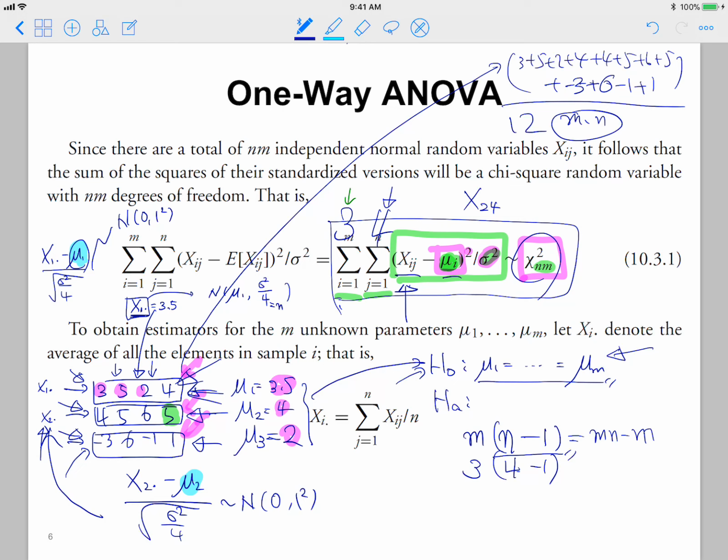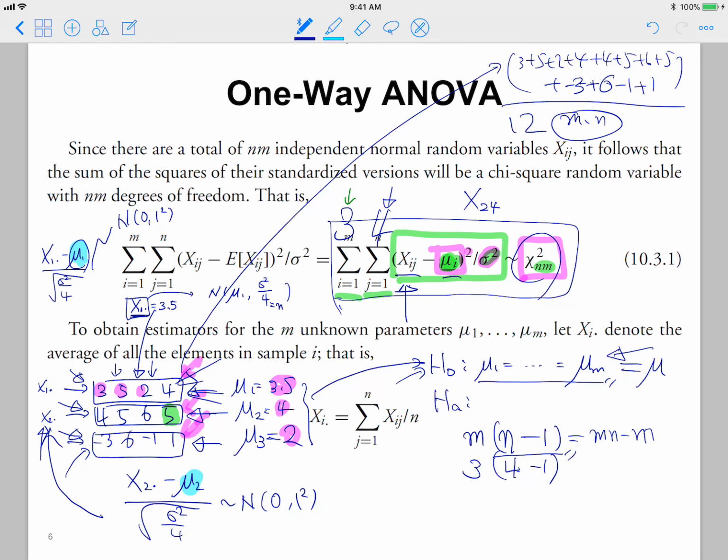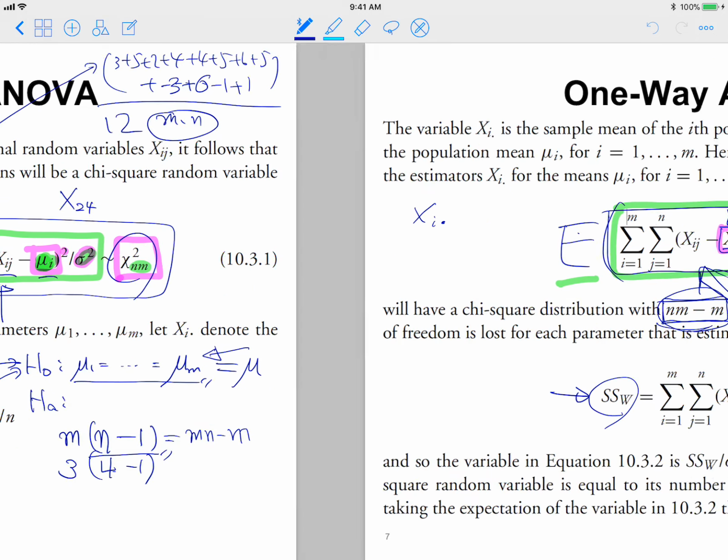So we can think of it as an estimator of our global mean value if their mean values were all the same, or this guy was the common value of mu.